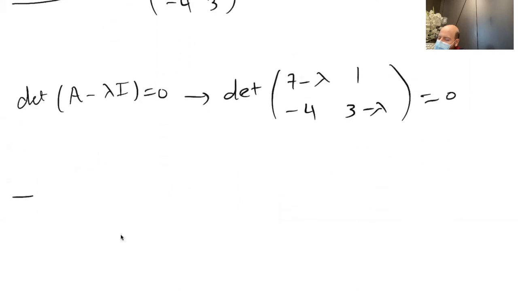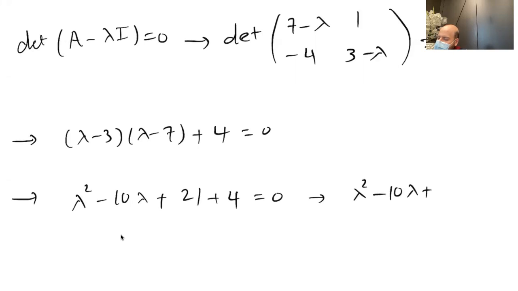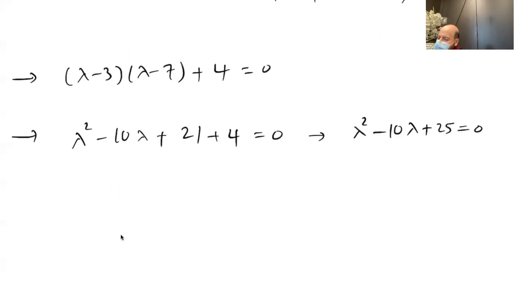So that gives me lambda minus 3 times lambda minus 7 plus 4 equals 0. So that gives me lambda squared minus 10 lambda plus 21 plus 4 equals 0, which is lambda squared minus 10 lambda plus 25 equals 0. And that gives me lambda minus 5, the whole squared, equals 0.